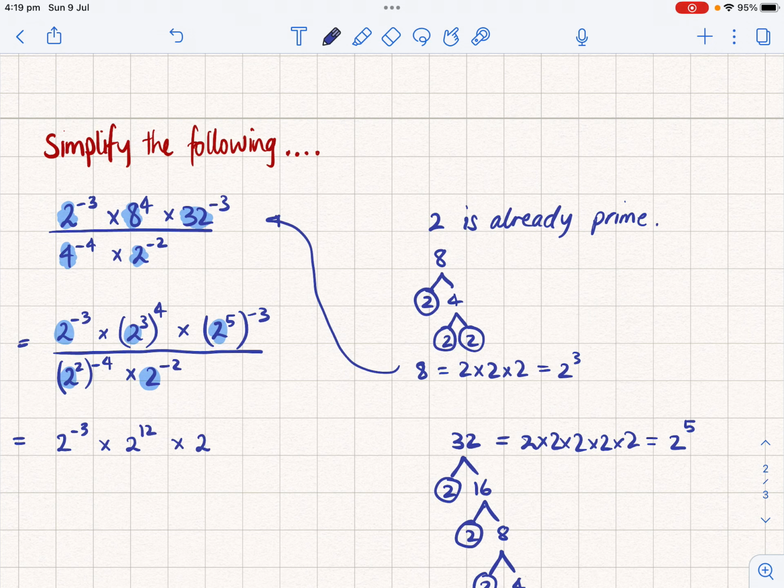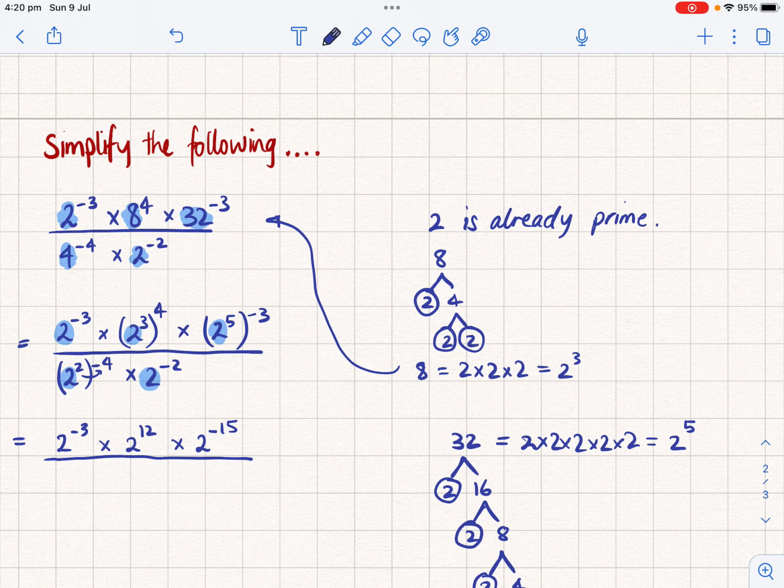Then 2 to the power of negative 4, power to a power, multiply them, becomes 2 to the power of negative 8, and then finally the 2 to the power of negative 2. All right, so first step, we've got rid of the brackets.